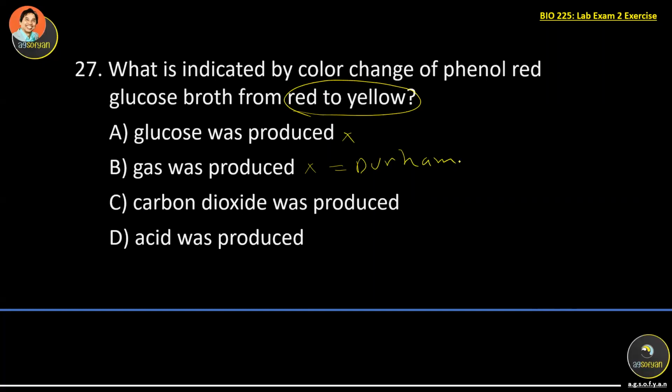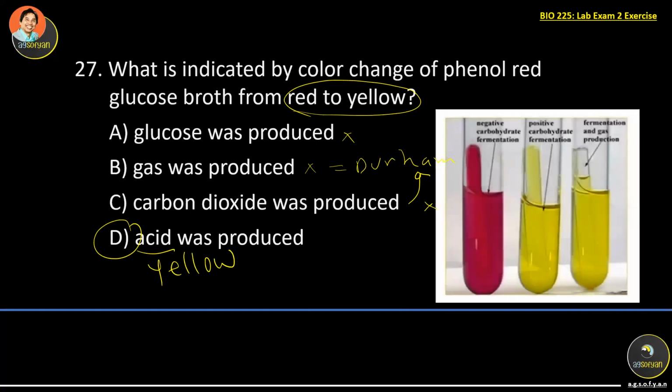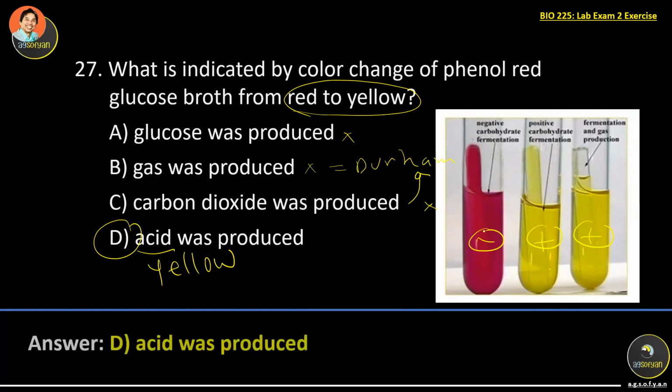Carbon dioxide was produced? This is in the Durham tube, so this should be no. Acid was produced. Yes, so acid is the color change, red to yellow. So this is positive, positive. The color changes from red to yellow.